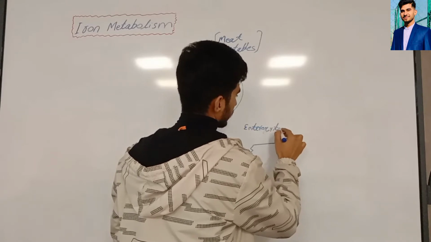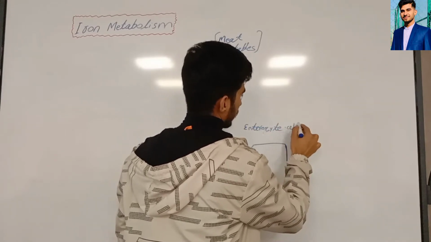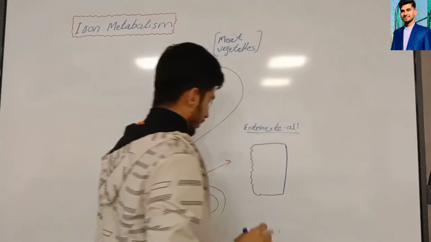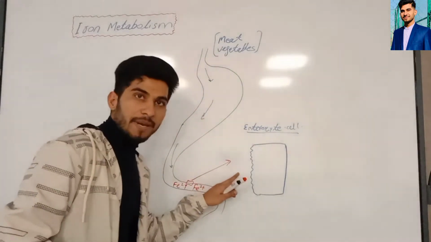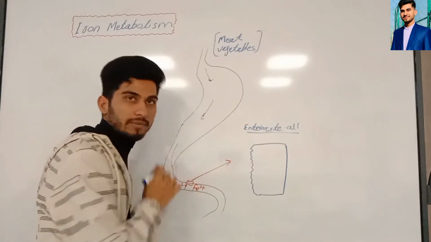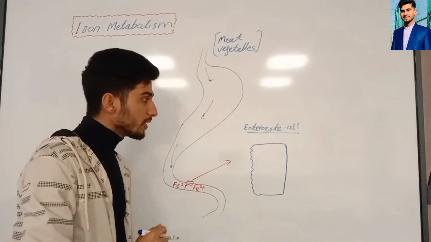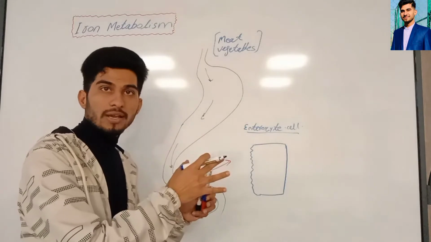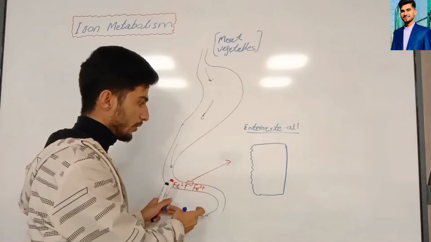These cells play a major role in the absorption of iron from the duodenum. Now we will discuss the mechanism of how iron is absorbed in the duodenum.